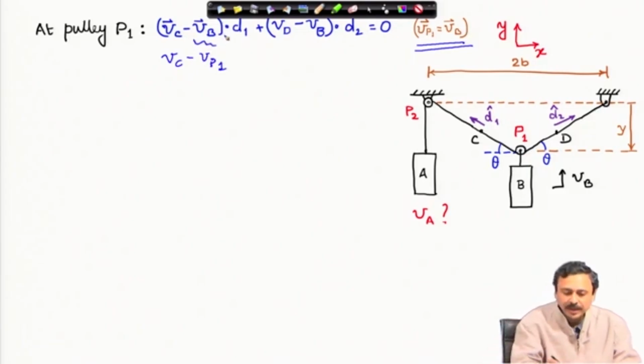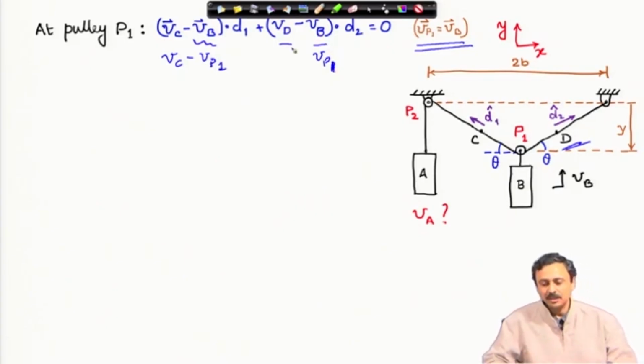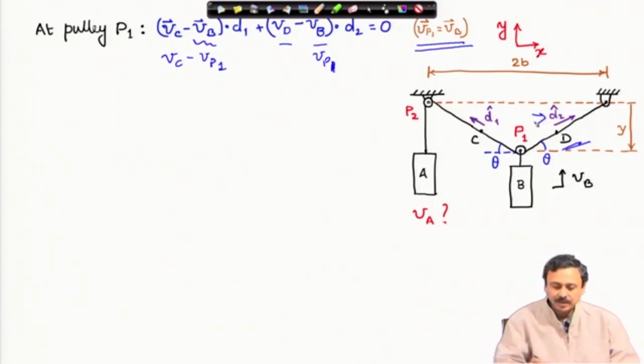Vc minus Vb dot D1 cap, that means the projection along D1 cap, plus Vd minus Vb dot D2 unit vector, and the sum of these 2 projections must add up to 0, because the string is inextensible.